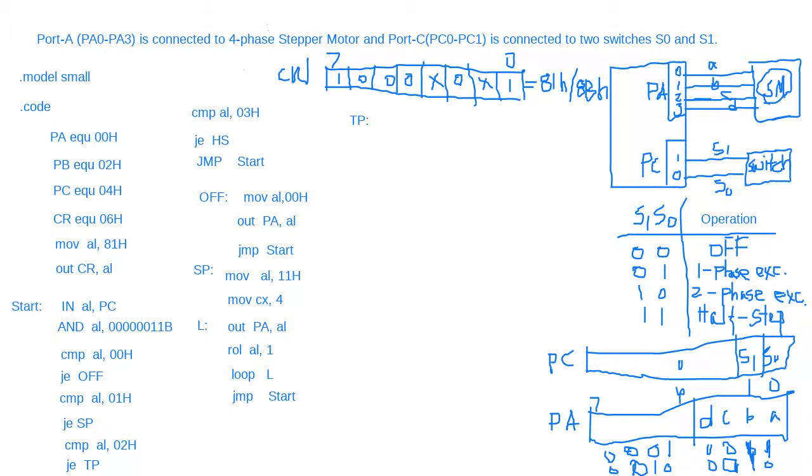The same thing, symmetrical in the higher 4 bits too. So that means 33H. We have to send 33H. MOV AL, 33H.